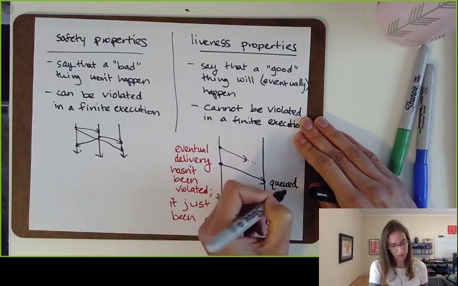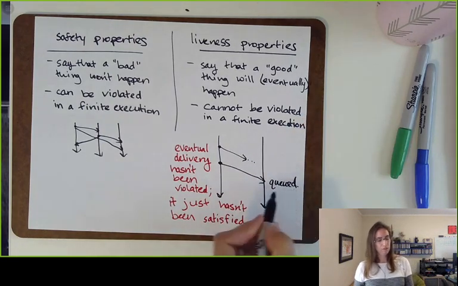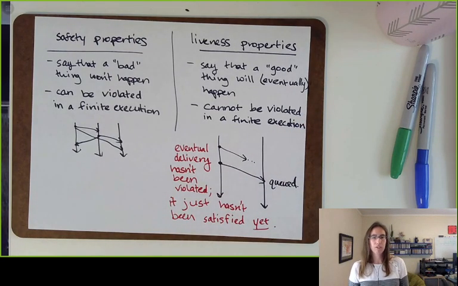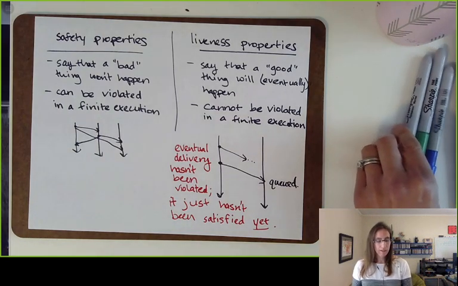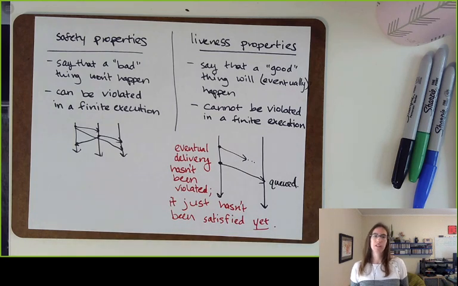Remember how with causal broadcast we talked about a delay queue. Messages arrive and are queued and haven't come out of the queue yet. But it doesn't mean they're never going to come out. It just means they haven't yet. So I cannot draw a picture of a finite execution that violates eventual delivery. It's not possible because it's a liveness property.